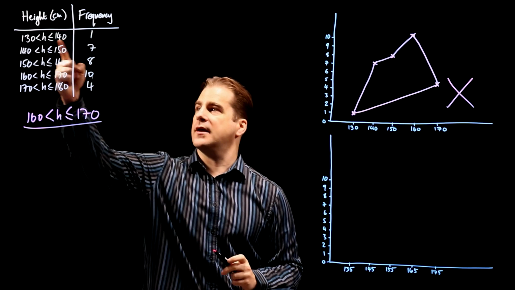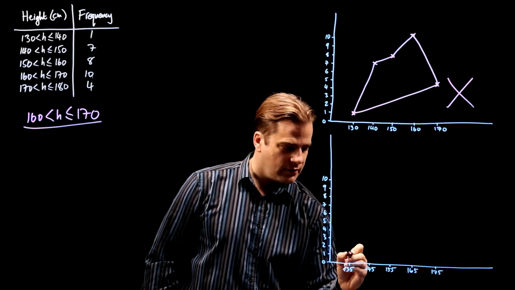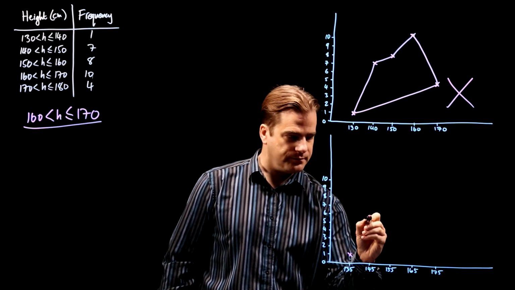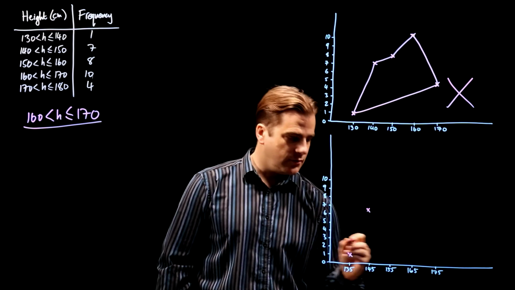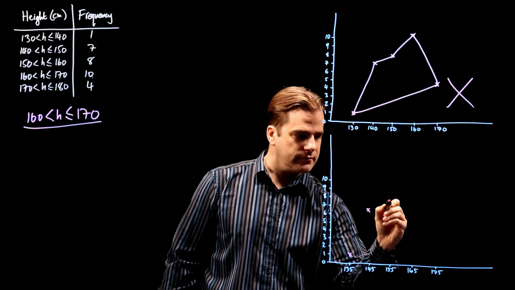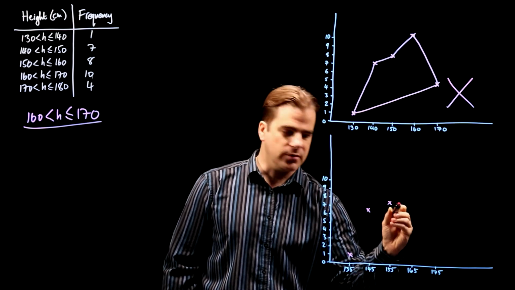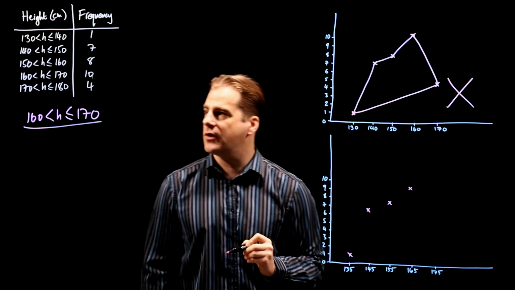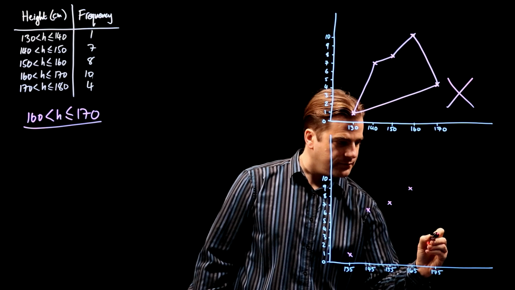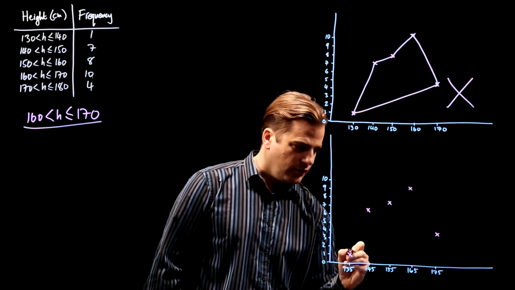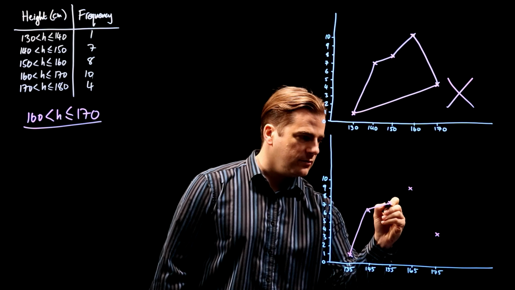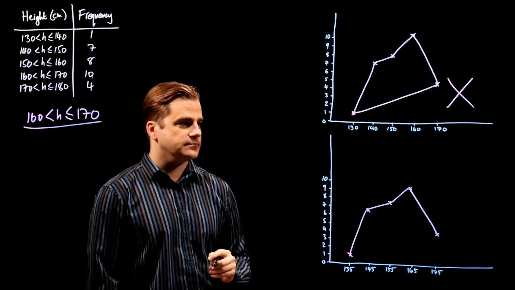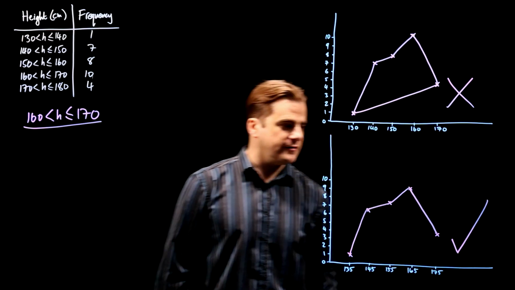So you should plot 1 against 135, like so. 7 against 145, okay. 8 against 155, 10 against 165, and 4 against 175, okay, and then join them up like so, and just leave it at that. Don't join those last two. And that's it. That is how it should be done.